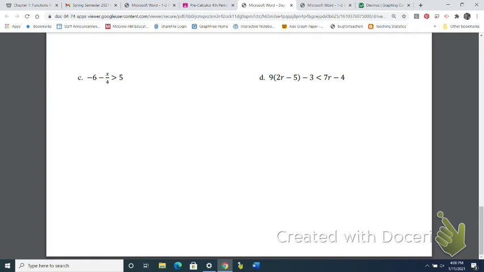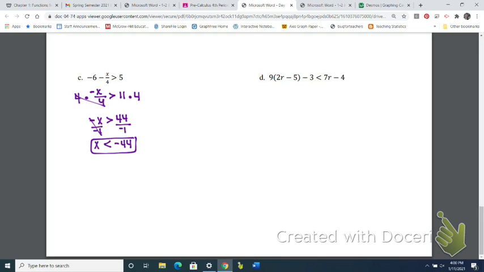So I'm going to add 6 to both sides. And now I'm going to multiply by 4 to get rid of it. So I get negative x is greater than or equal to 44. And now I need to divide by negative 1. When I divide by a negative, I flip the sign. So it is x is less than or equal to negative 44.